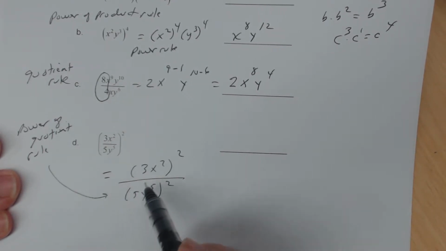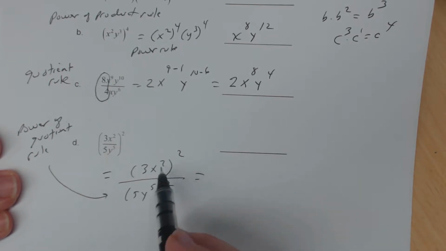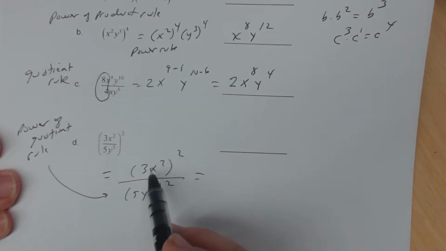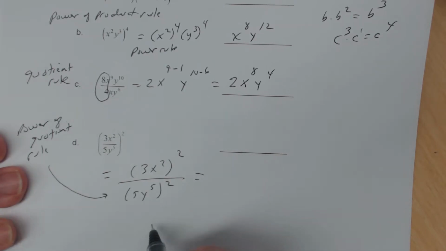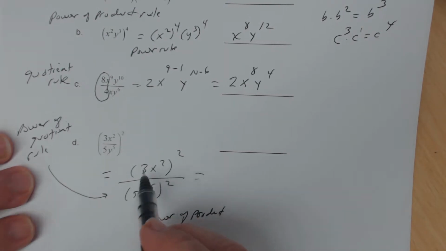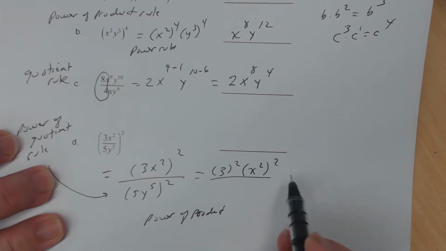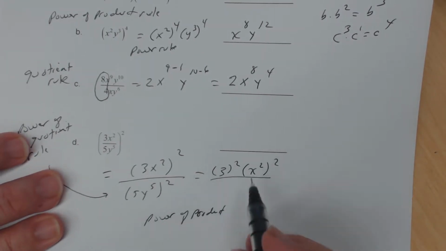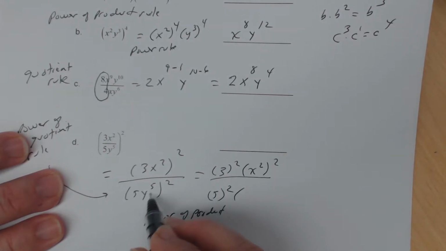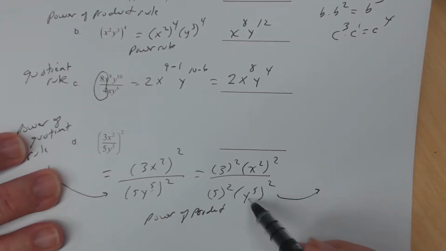So that's just using the power of a quotient rule. Then I'm going to use the power of a product rule in each of these cases. So basically I'm going to say 3 squared times x squared divided by 5 squared times y to the 5th squared.